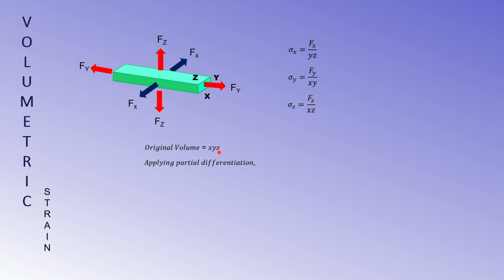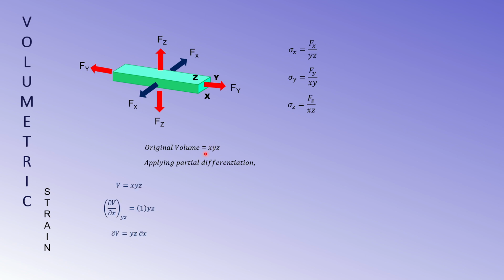If you take the changes in volume with respect to only y, then the changes in volume are only because of the changes in y length, not x and z. That means you have to keep x and z constant at that moment. Or if you consider the changes in volume only because of the changes in z, then x and y should be kept constant.